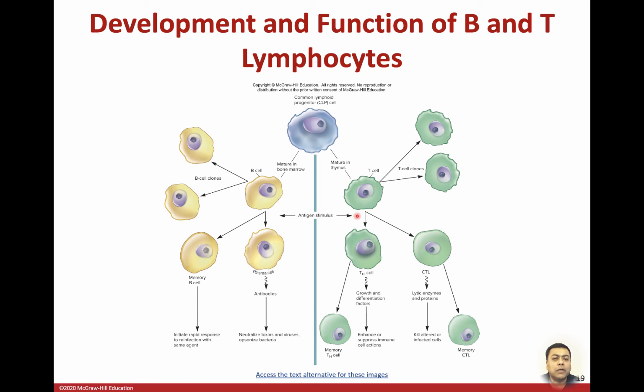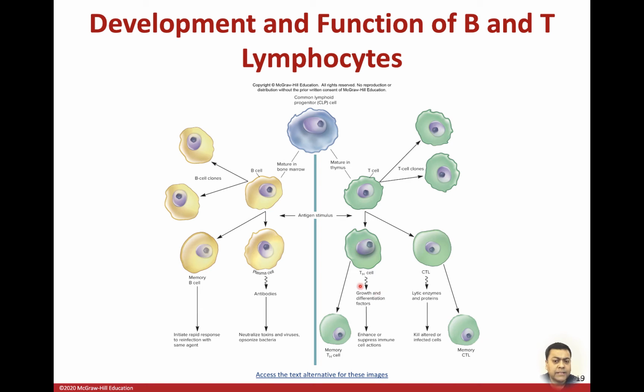This antigen stimulus could be a self-antigen. If your T cell receptor reacts with a self-antigen, those cells will be immediately killed. That means it will not do anything. On the other hand, if it doesn't react with any of your self-antigens, it will be chosen and it will wait there until there is an antigen stimulus, and then it will differentiate into a T helper cell.